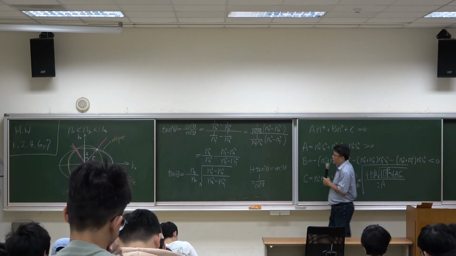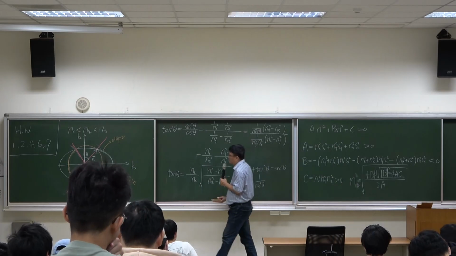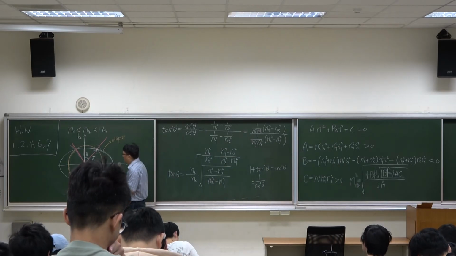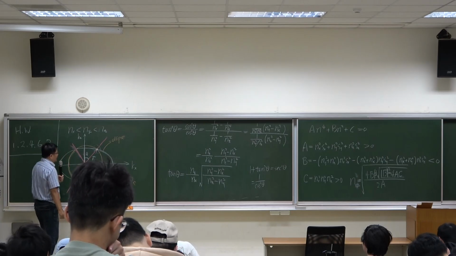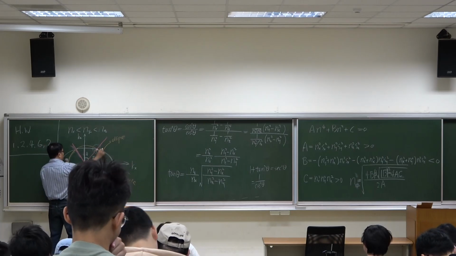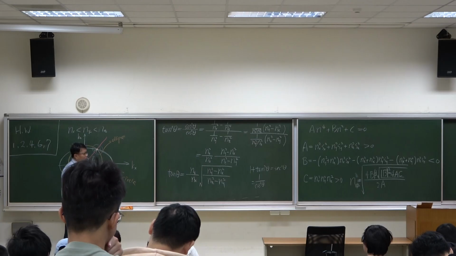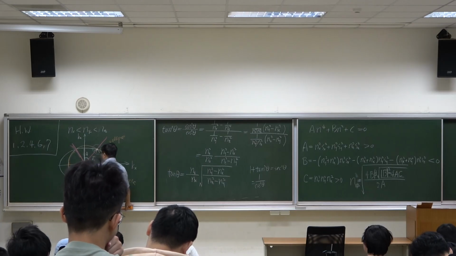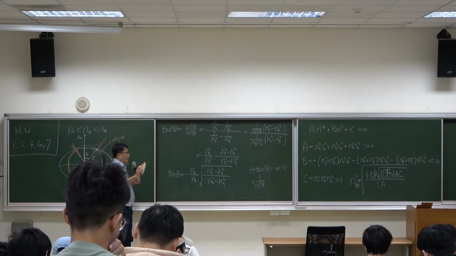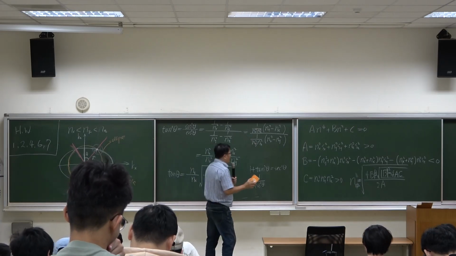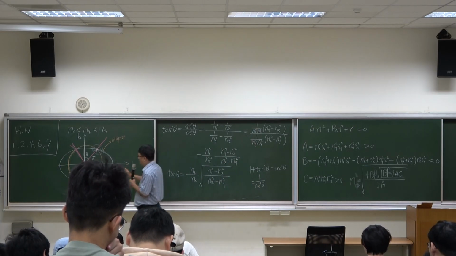Now we want to find the approximate expression of the normal surface close to this K0 point. Okay. So how to do this?